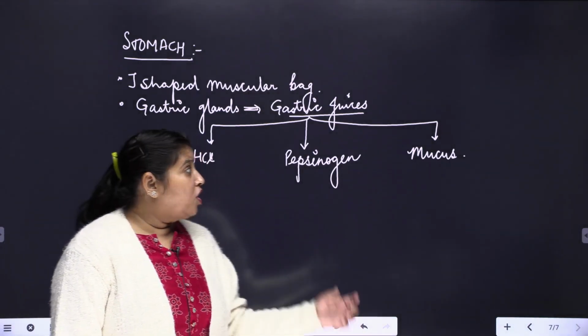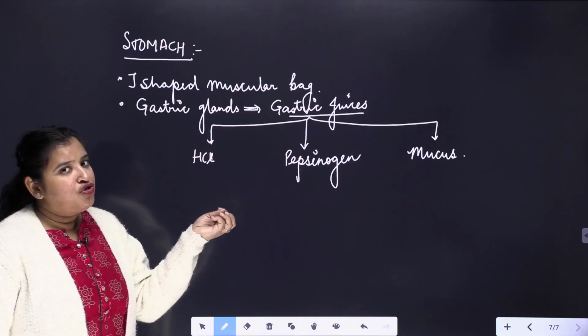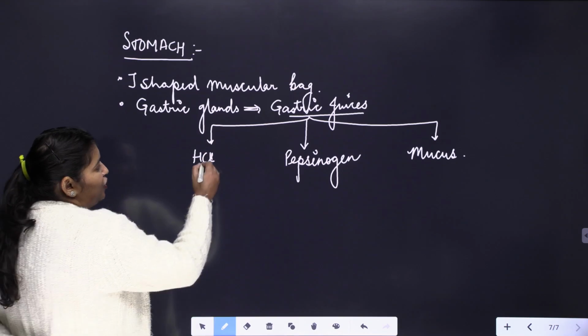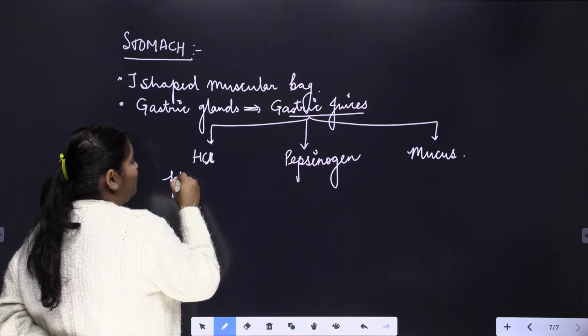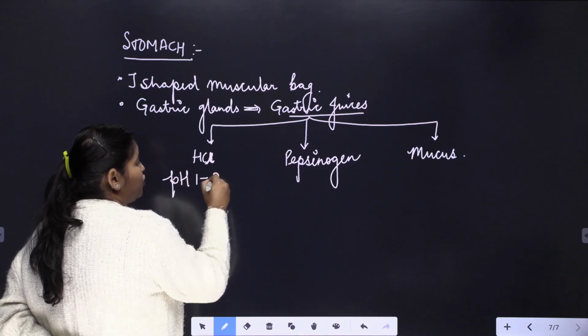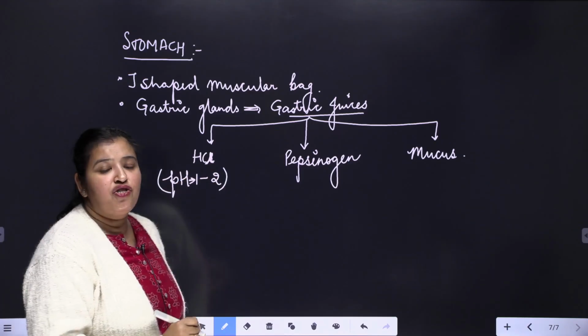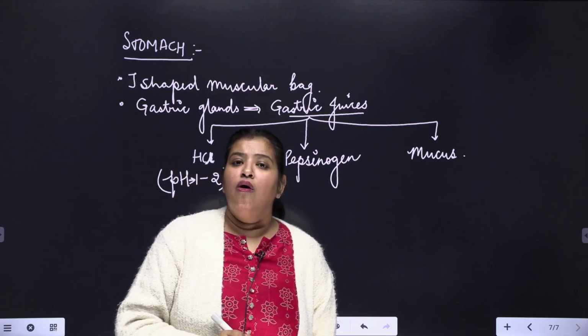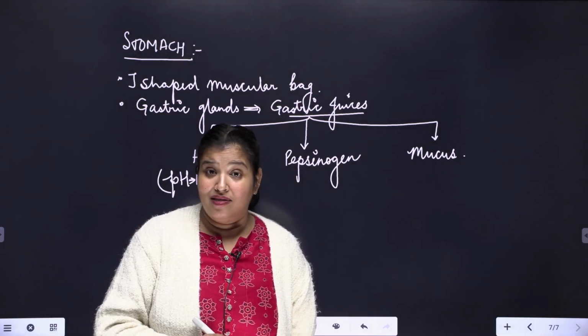All right. Now, suddenly the partly digested food enters the stomach where gastric juices are secreted, and you all know that when HCl is present, the pH definitely will be going down. So it moves to 1 to 2. The pH drops down to 1 to 2, which makes the pH of the stomach highly acidic.